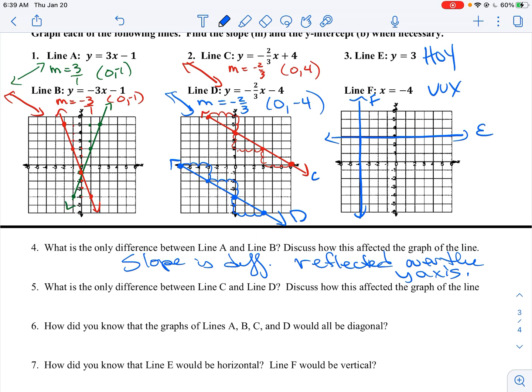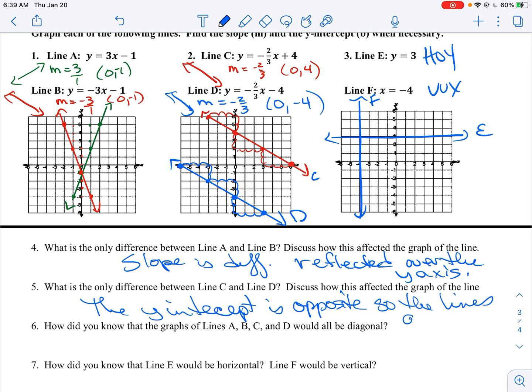What is the difference between C and D? The y-intercept is opposite. So the lines are parallel.